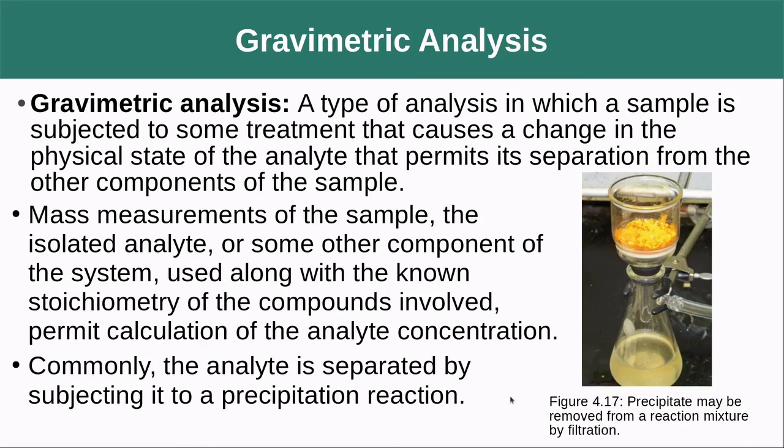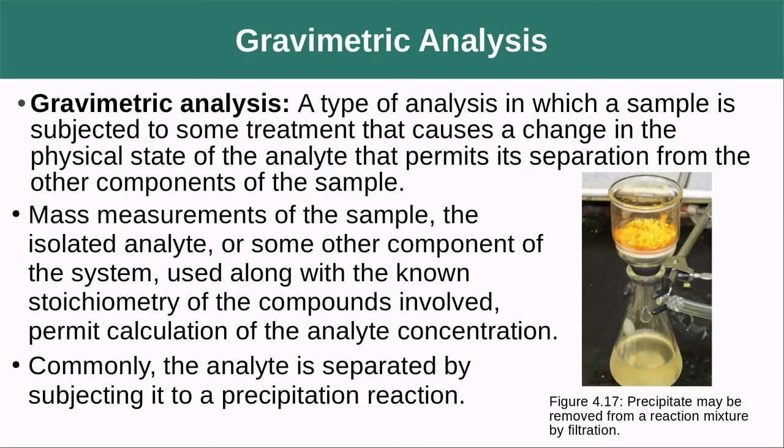Gravimetric analysis. This is where we're going to analyze things by weighing them. A type of analysis in which a sample is subjected to some treatment that causes a change in the physical state of the analyte that permits its separation from other components of the sample.